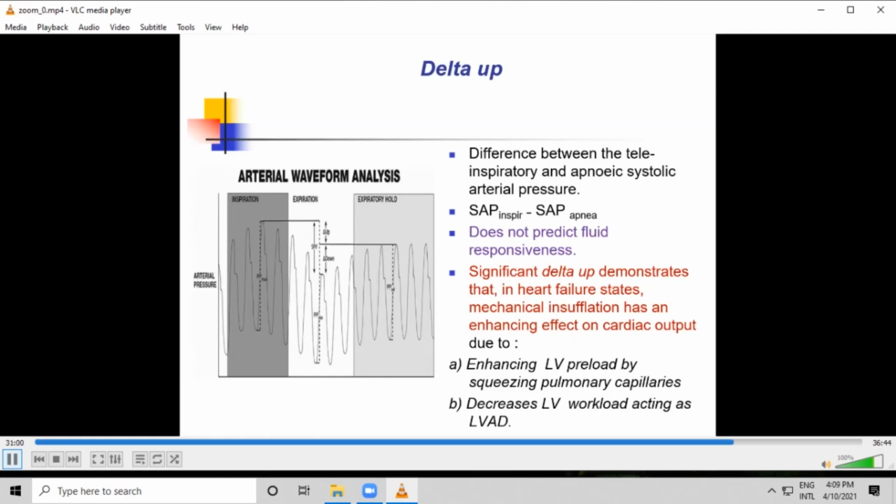But in a failing heart, we can decide, yes, this patient will benefit, so let us continue with the mechanical ventilation till the heart recovers from the failure. Why does this happen? It happens because of enhancing LV preload by squeezing the pulmonary capillaries and decreasing the LV workload, acting as an LVAD.